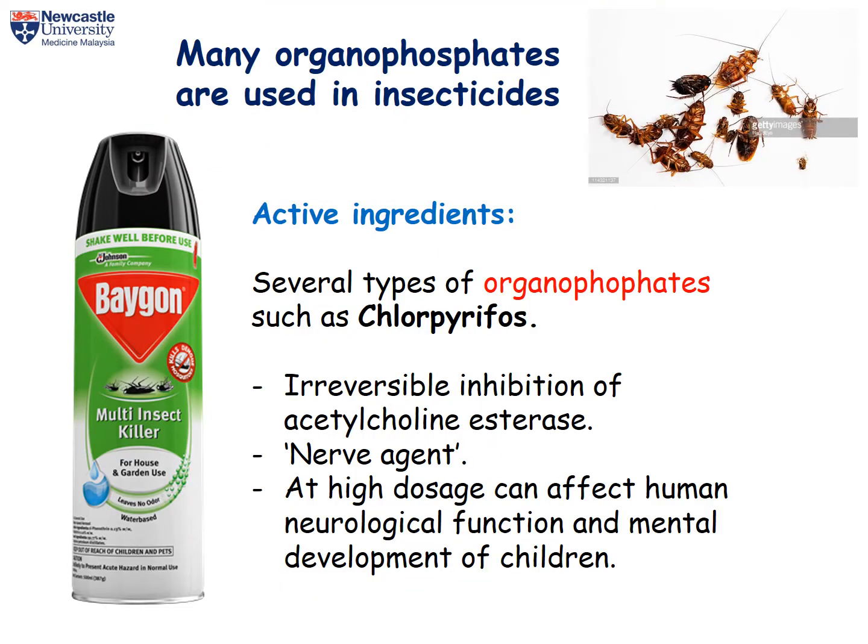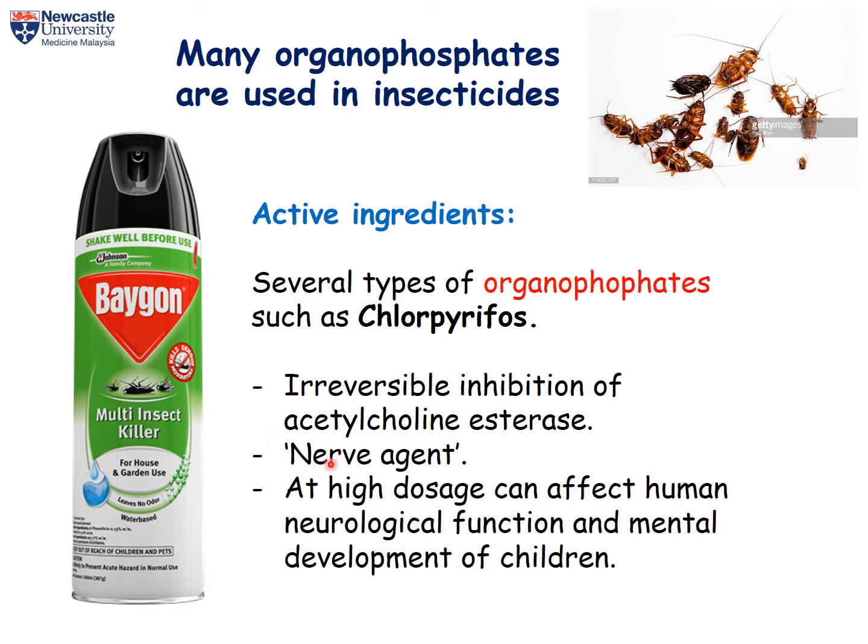But in fact, many organophosphates are used in insecticides such as the mosquito killer or the cockroach killer. If you look at the ingredients of these insecticides, they actually contain several types of organophosphate such as chlorpyrifos, which causes irreversible inhibition of acetylcholine esterase like sarin gas and VX nerve agent.